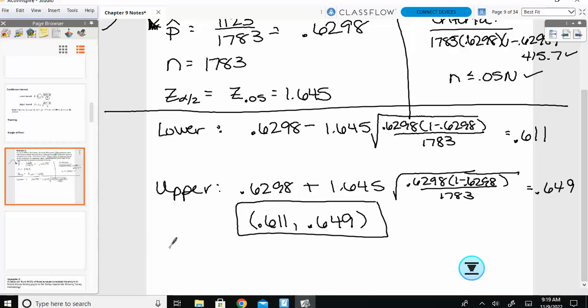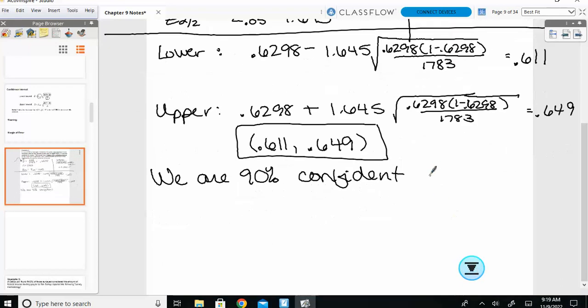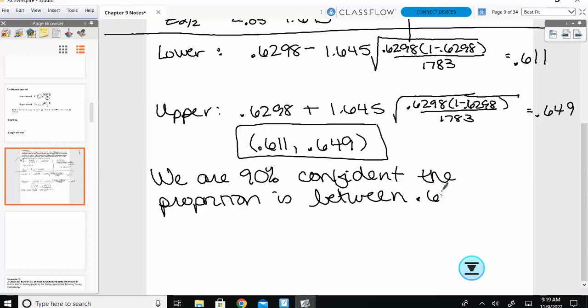So what does that mean? It was a 90% confidence interval, so we are 90% confident the proportion is between 0.611 and 0.649. In this particular scenario, it was talking about registered voters who were in favor of the death penalty for someone convicted of murder.